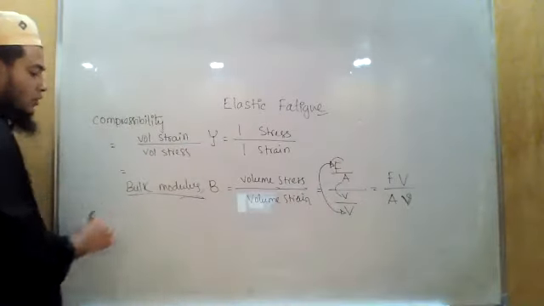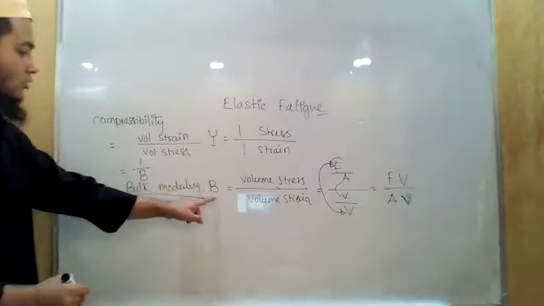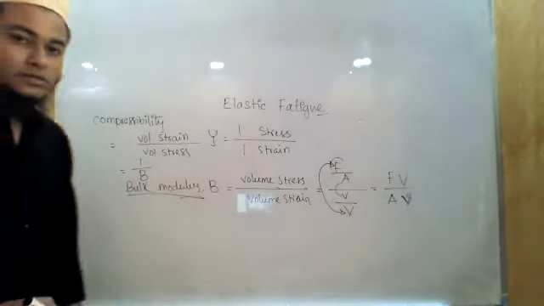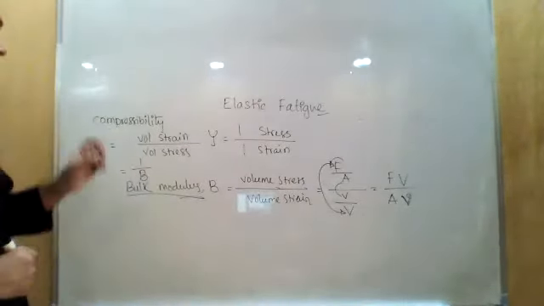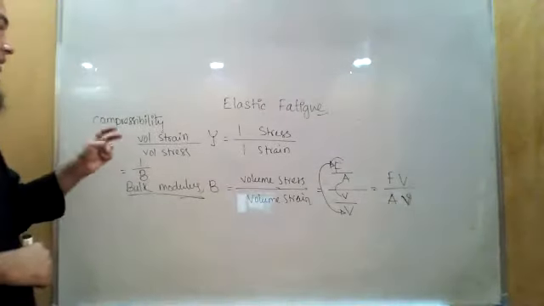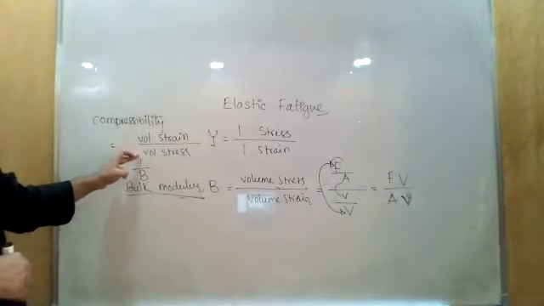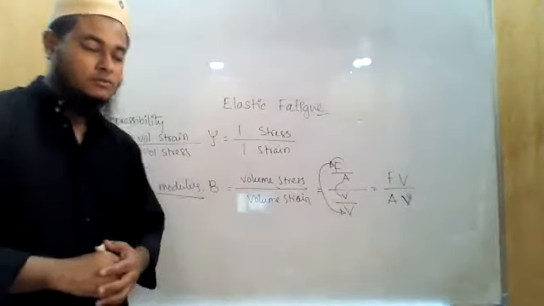As it is the opposite of bulk modulus, we can just write 1 by B. Whenever you have to define compressibility, you first need to mention, within the elastic limit, the ratio of volume strain and volume stress is called the compressibility of a particular object.